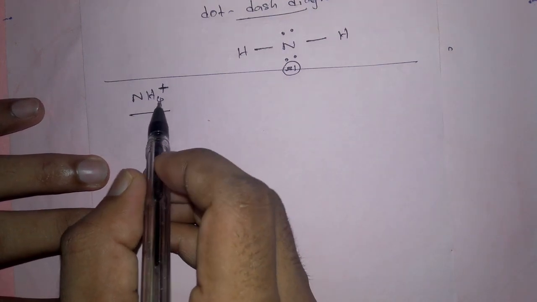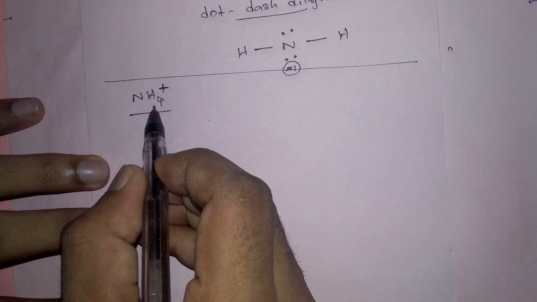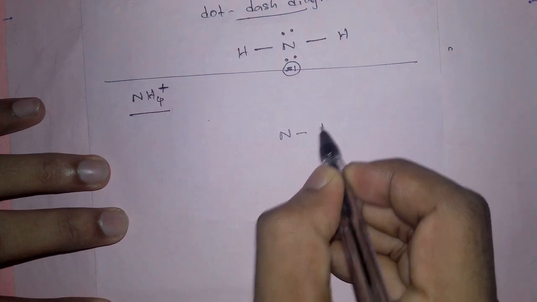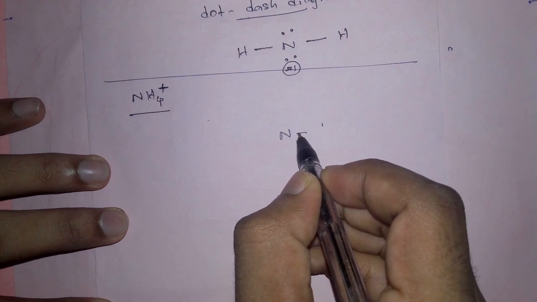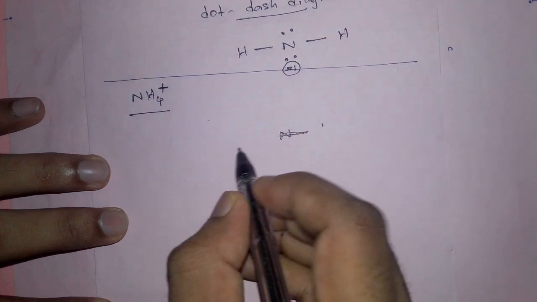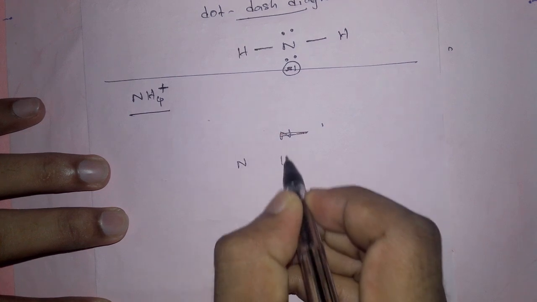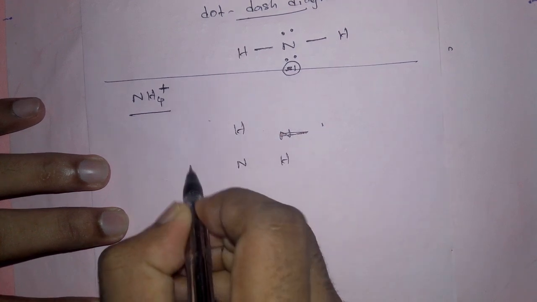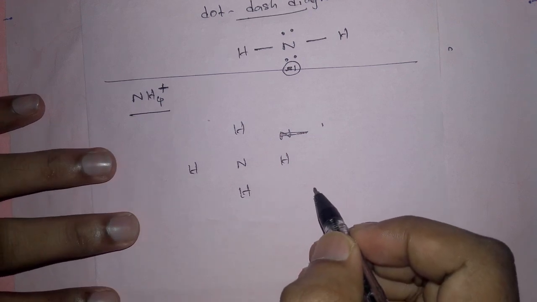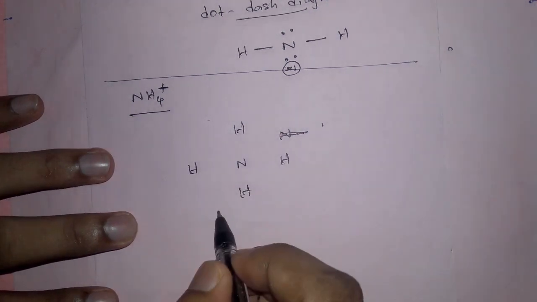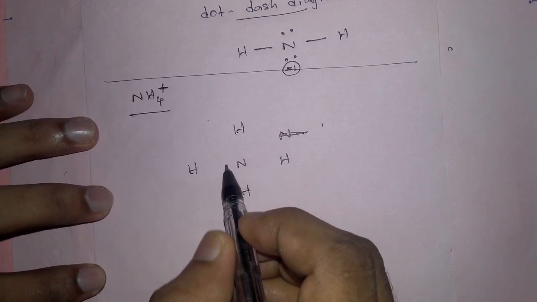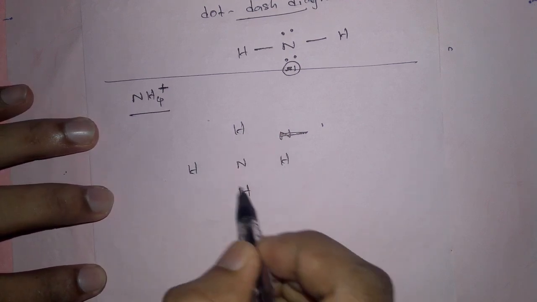Here you know hydrogen or fluorine never becomes a central atom, so nitrogen should be the central atom. I make a small simple sketch. And next is calculation of the number of electrons present in the valence shell of each atom.